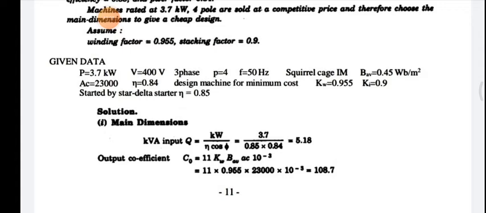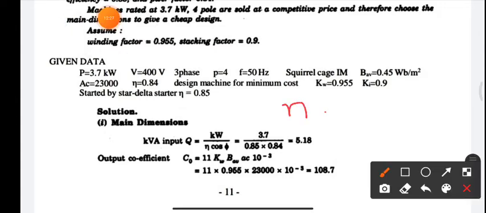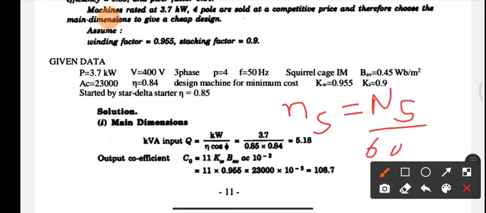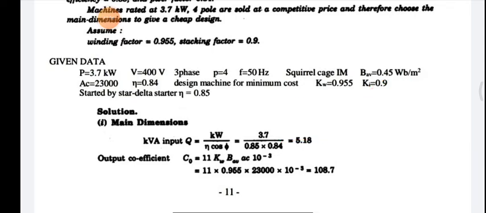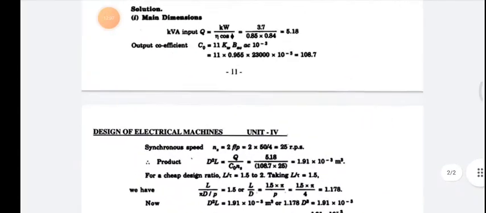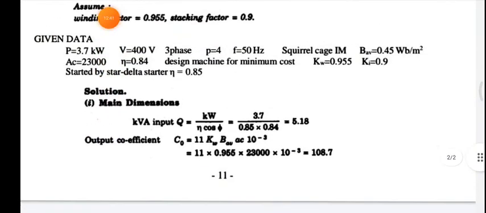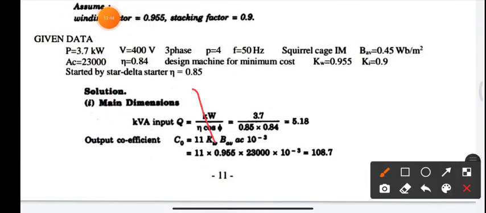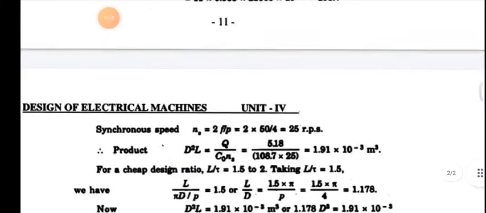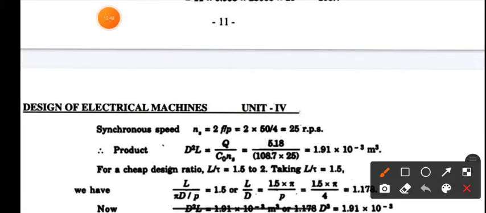Now the second step was to calculate NS. NS will be given by N upon 60. This is the speed in RPM and we will be having the answer in RPS. Here, step number 2. Here they have gone by the equation that we had seen yesterday also.